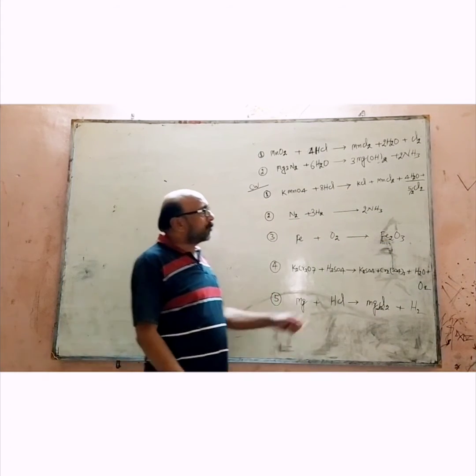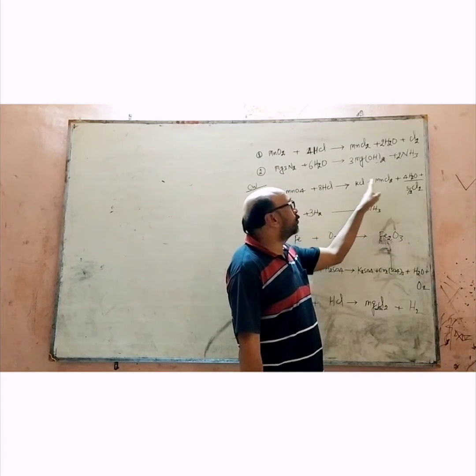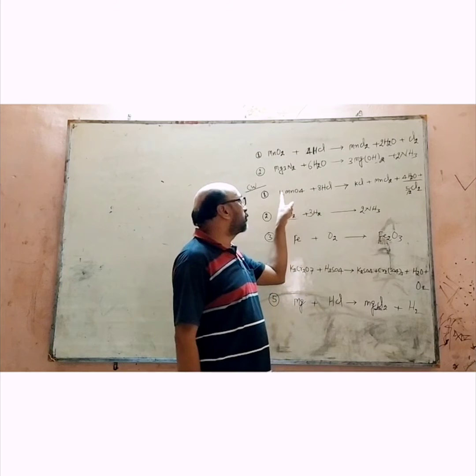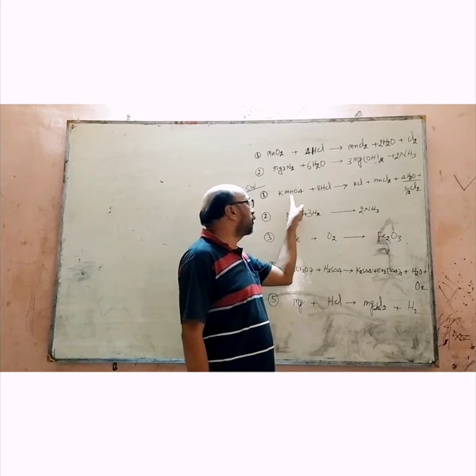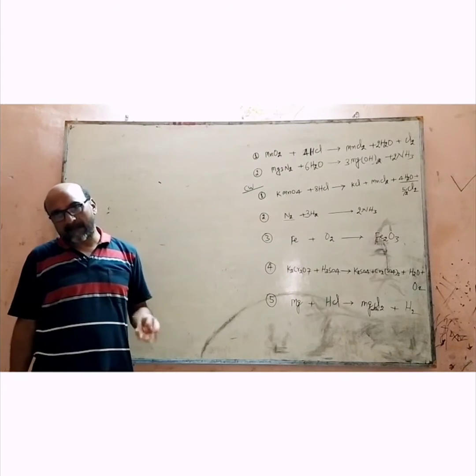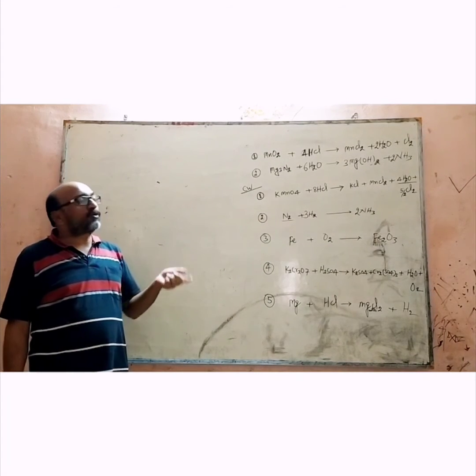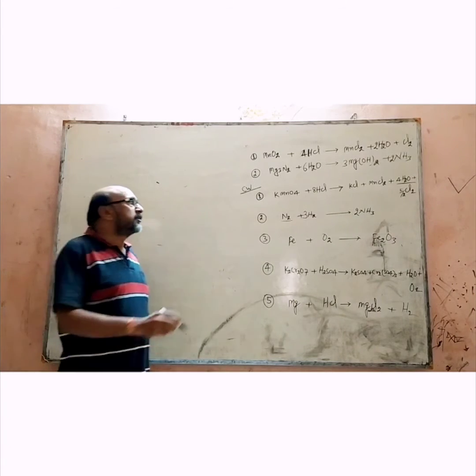The number of chlorine atoms becomes 5 plus 2 plus 1, 8. Number of potassium is 1. Number of manganese is 1. The equation is balanced.